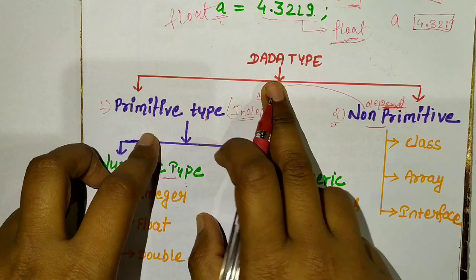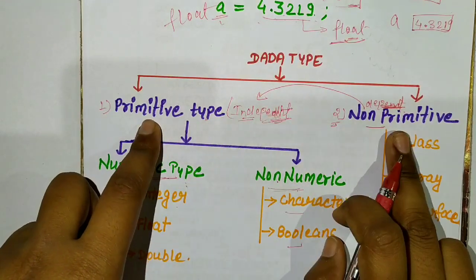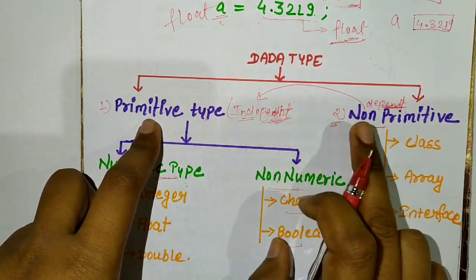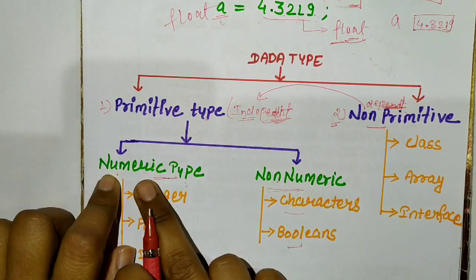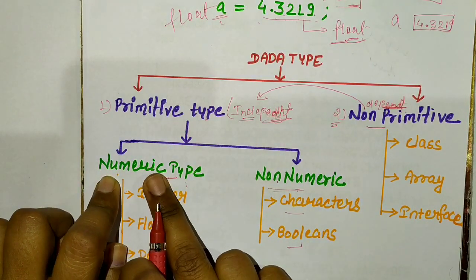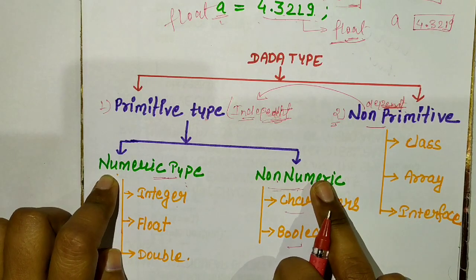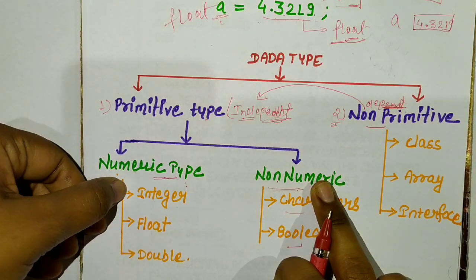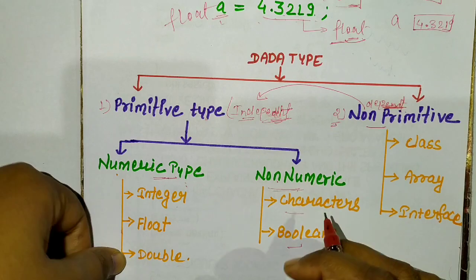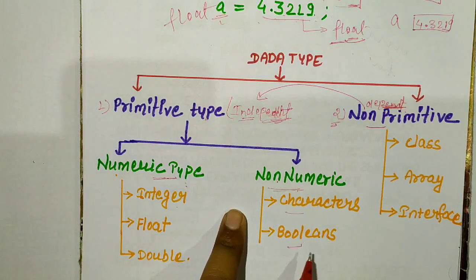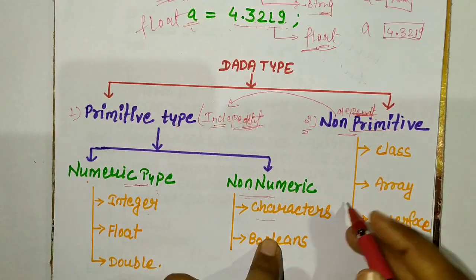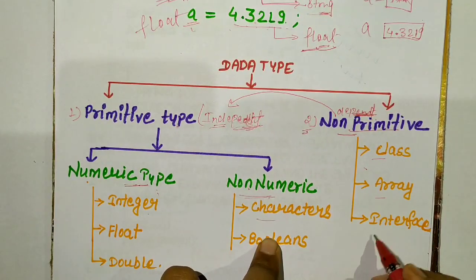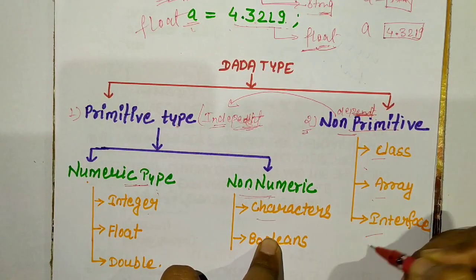Non-numeric is character or boolean. Non-primitive data types are class, array or interface.